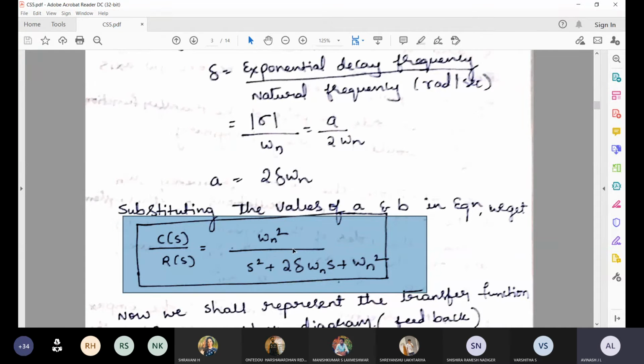In order to understand that concept, we have done this exercise. So C of S divided by R of S equals omega n square divided by S square plus 2 delta omega n S plus omega n square.